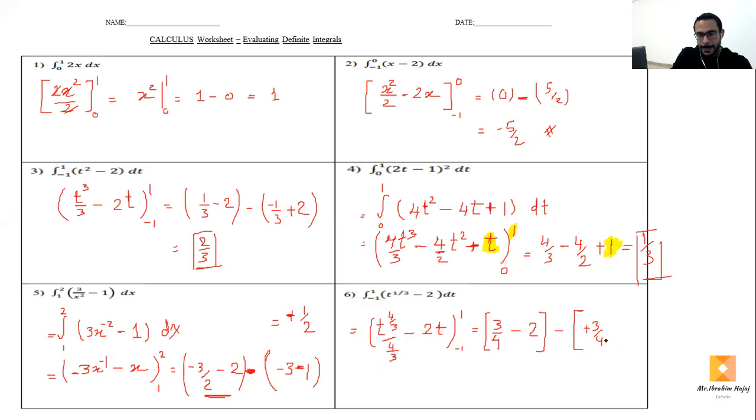Positive 1 times 3 over 4 is positive 3 over 4. Plus 2. So 3 over 4 minus, negative 4. Yes. Okay, thank you. Okay, guys, take a screenshot here.